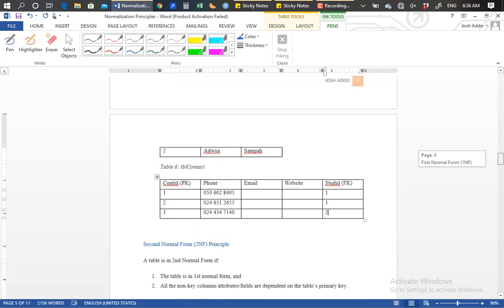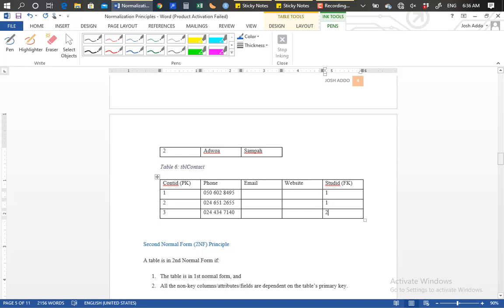So these are the key principles to follow if you want to achieve first normal form in your table design. 1. Your table should have a unique identifier column known as the primary key column. 2. Your table should not have repeating columns, something like customer 1, customer 2, customer 3.